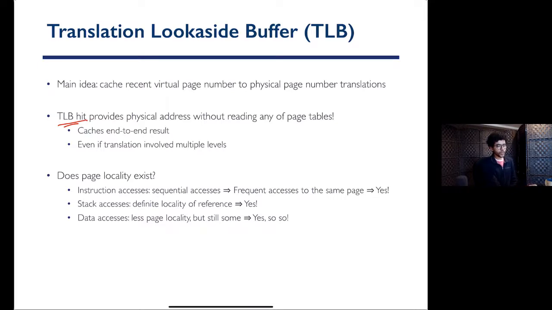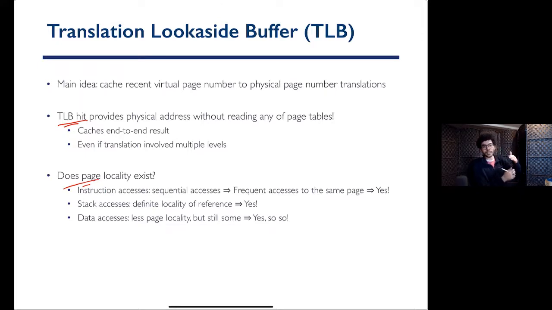Now, we know that for our addresses, we have locality, right? Because let's say you're looping over a bunch of instructions, you're going to have spatial locality because you have PC, PC plus 4, PC plus 8, and so on and so forth. These are all in the vicinity of each other, all virtual addresses in the vicinity of each other. So if you translate one of them, you can probably use it for the others.